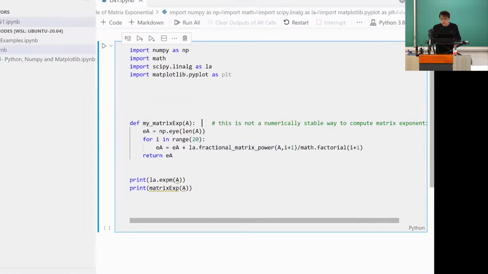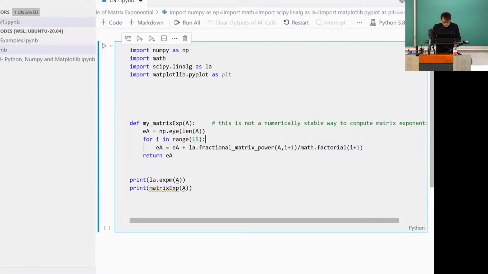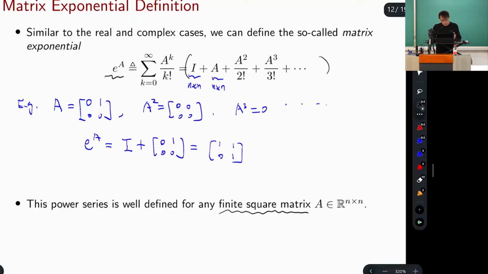I don't want to sum too many terms, so let's say 10 or 15 terms should be good enough. Each term is just A raised to the power of i divided by i factorial. Since we start from 0, the first term is the identity, and the second term is A divided by 1, and so on and so forth. It's just a plain summation of the first 15 or so terms.